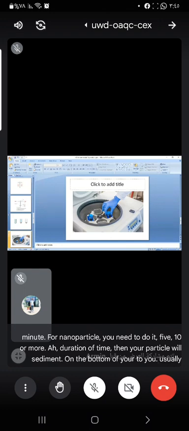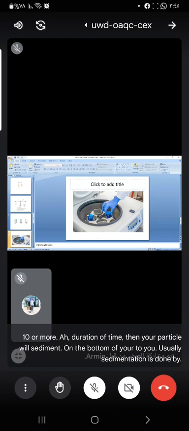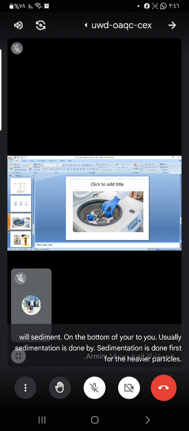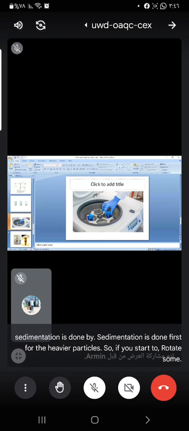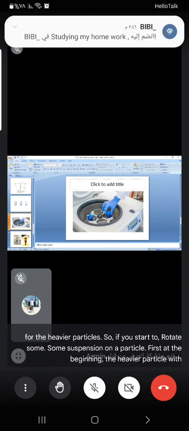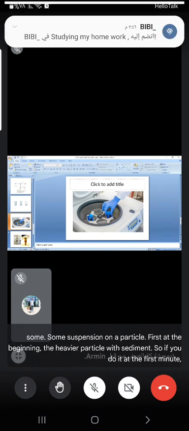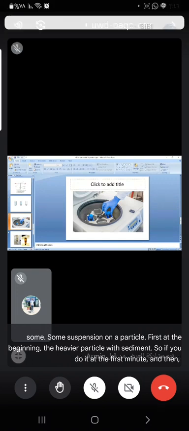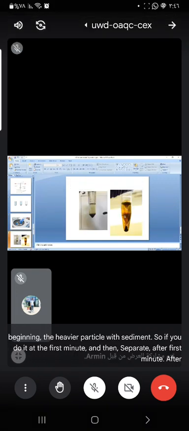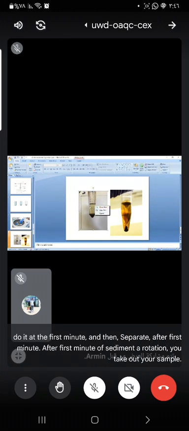Usually, sedimentation is done first for the heavier particles. So if you start to rotate a suspension of particles, at the beginning the heavier particles will sediment. So if you do it for the first minute, and then after the first minute of rotation, you take out your sample. Okay, you get out your liquid.